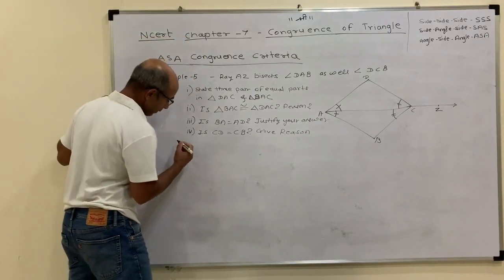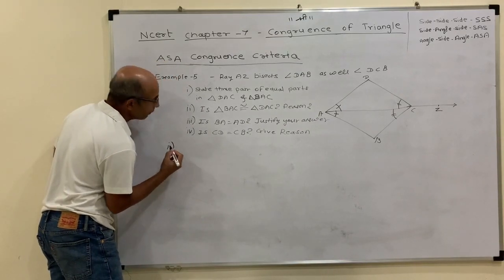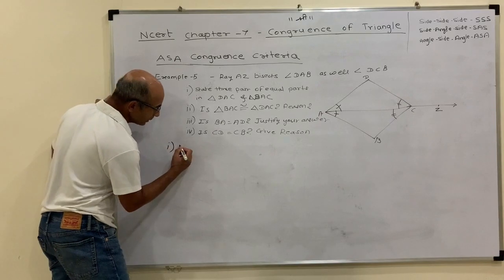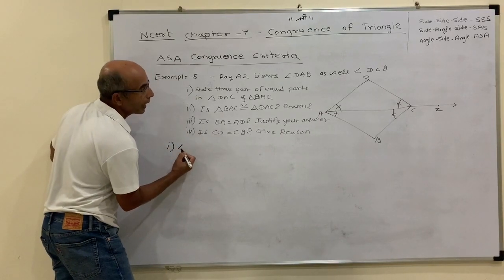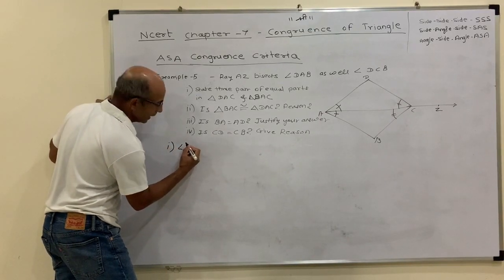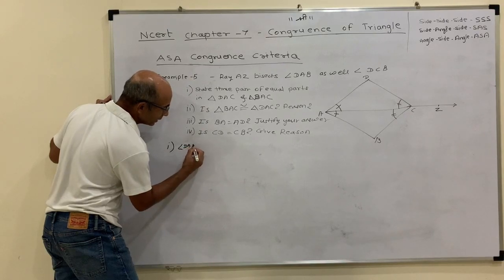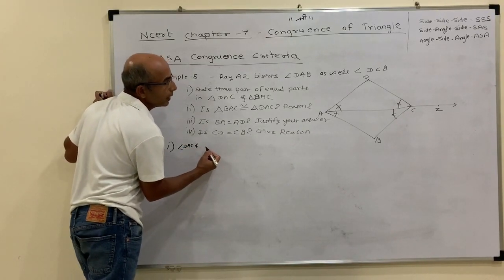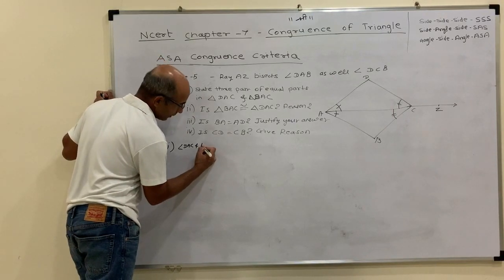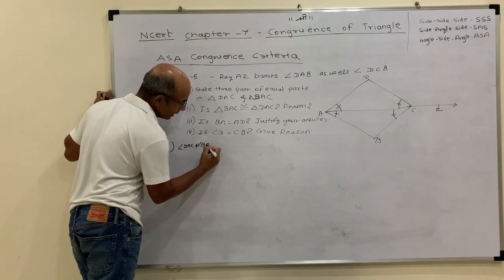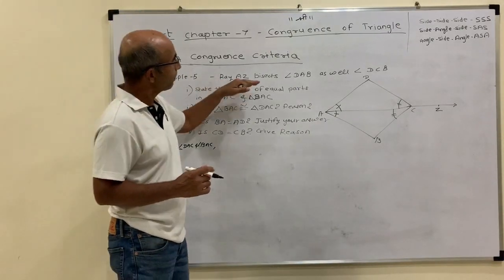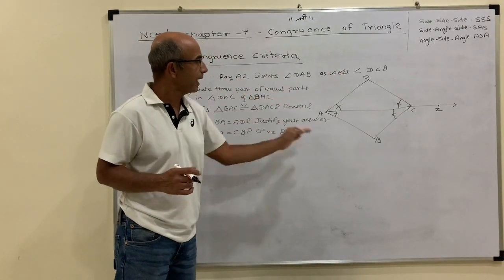So let's start with the first one. State 3 pair of equal parts. So the first pair of equal parts, angle DAC and angle BAC are equal because AZ bisected angle DAB.